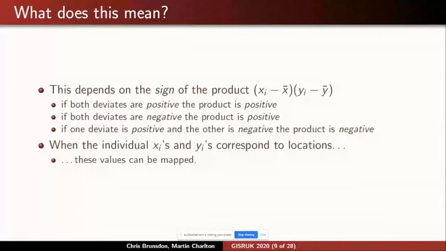Now, some of those deviates, the xi's and yi's, where they're near zero, are going to result in a product which is near zero. So that's not going to contribute greatly to the overall value of the global correlation coefficient.